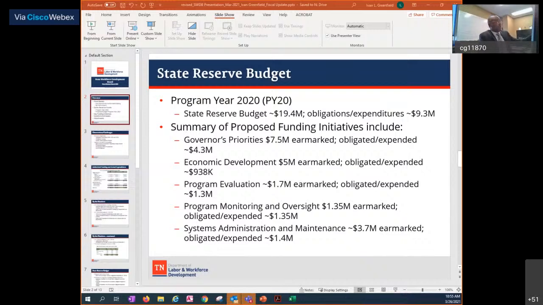And you see there, versus what was earmarked and what was actually obligated or expended, there was about $10 million that will roll over into this next budget. There are a lot of things in there. We had several initiatives, including a rural initiative of about $3.5 million that we put out there. That kind of stalled.